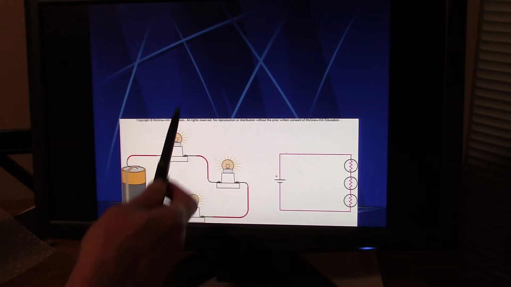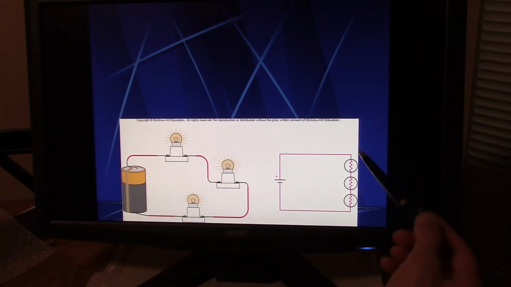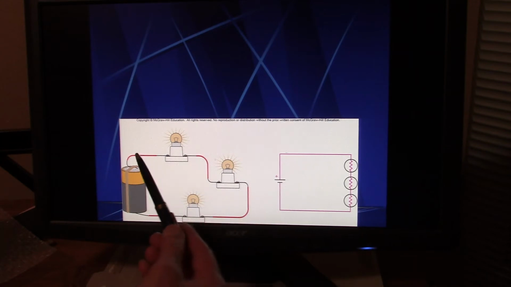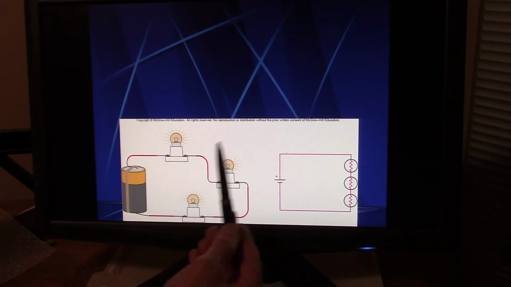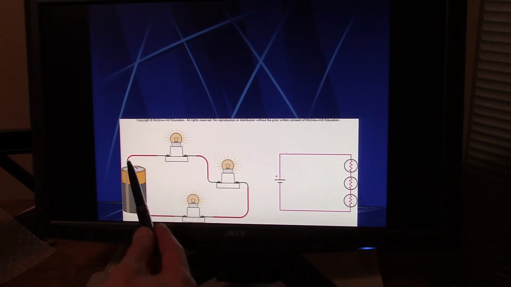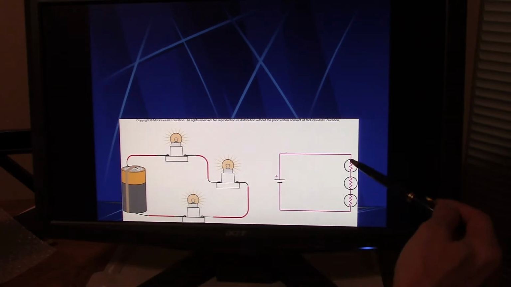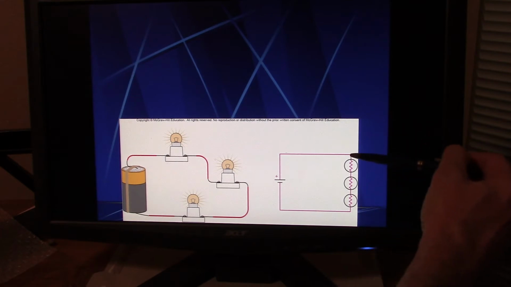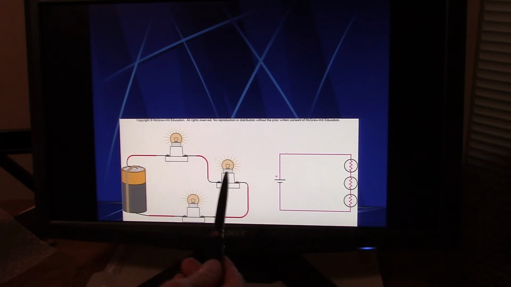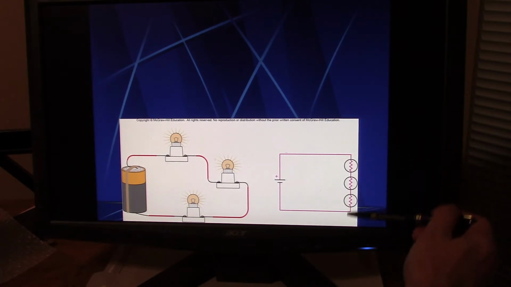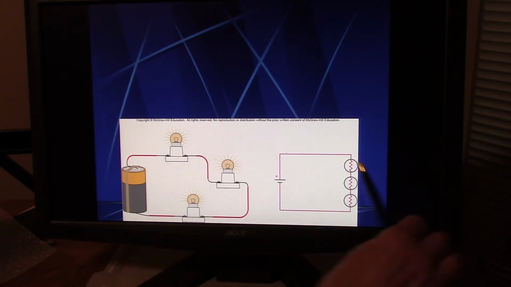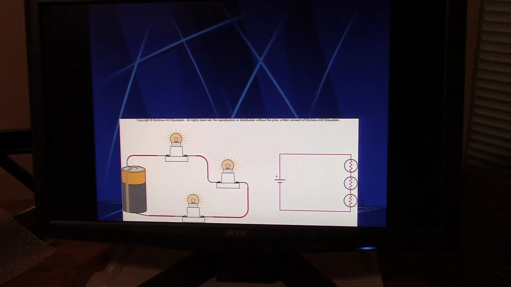But what would happen now is the voltage is going to get lower for each one of these, because the current is getting forced through all 3 of these things. It makes it tougher on the battery, because instead of just 1 light bulb, it's got to light 3 light bulbs now, right? So all the light bulbs are going to be a little bit dimmer. That makes sense.